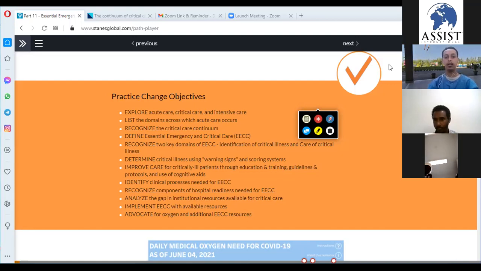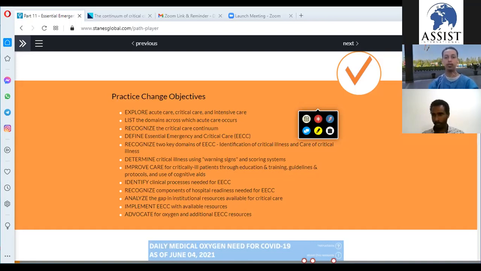We'll be recognizing components of hospital readiness, and we'll analyze the gap in institutional resource available for critical care. And afterwards, we'll be implementing this with available resources, and we'll advocate for oxygen and additional essential emergency care resources.